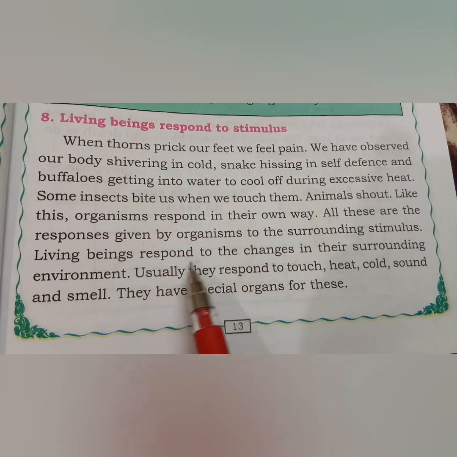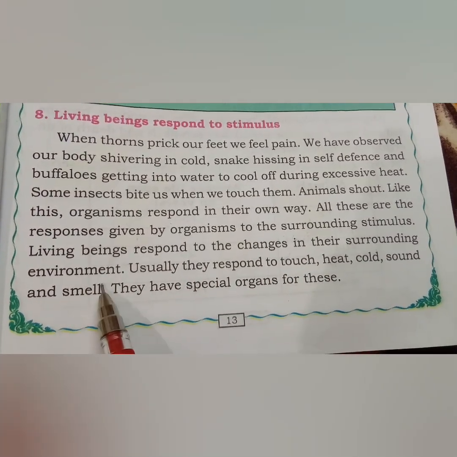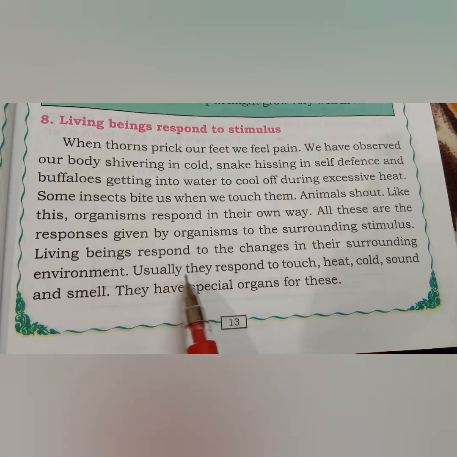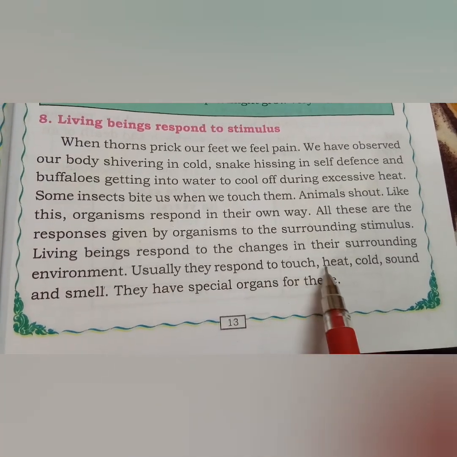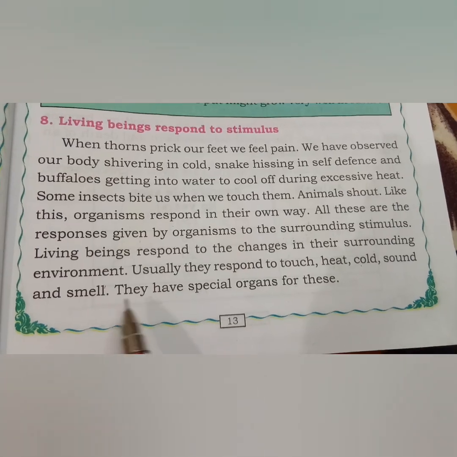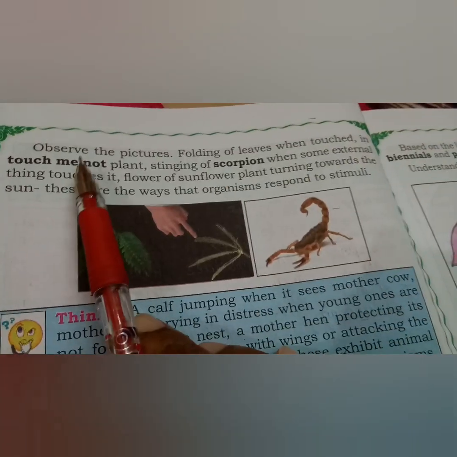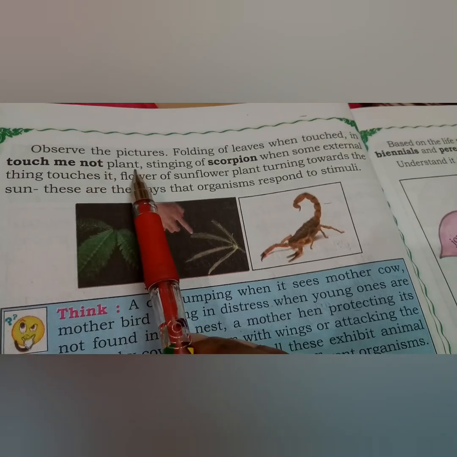Living beings respond to the changes in their surrounding environment. Usually, they respond to touch, heat, cold, sound, and smell. They have special organs for these. Next, observe the pictures.